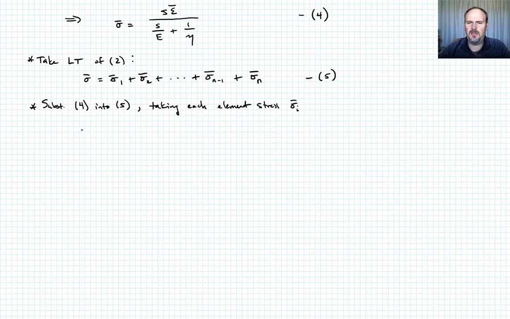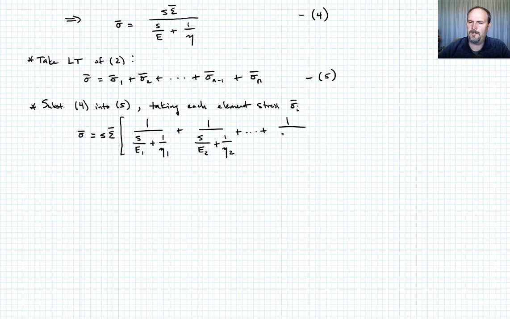So what that ends up looking like is that sigma bar is equal to s times epsilon bar, which I can pull out front since each term has it, times the quantity: 1 divided by s over E1 plus 1 over eta 1, plus 1 over s over E2 plus 1 over eta 2, plus and so on, plus 1 over s over E n minus 1 plus 1 over eta n minus 1, plus 1 over s over E sub n plus 1 over eta sub n.